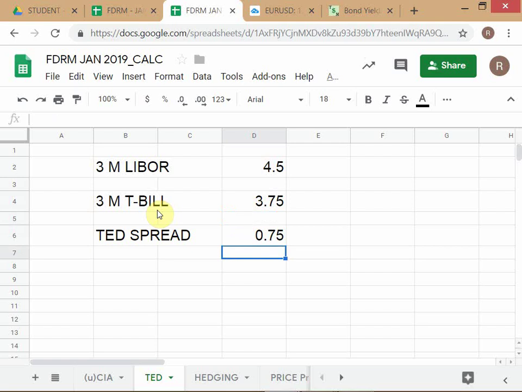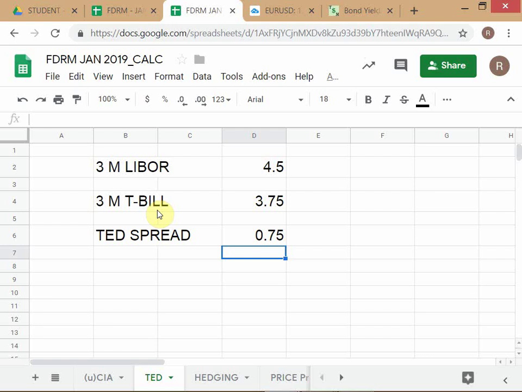Normally our theoretical expectation is that the LIBOR yield should be higher than the T-bill yield because the T-bill is considered risk-free. You can take it as AAA or even better than AAA if possible. Whereas LIBOR reflects what grade of credit risk? AA, so it is necessarily worse than AAA.